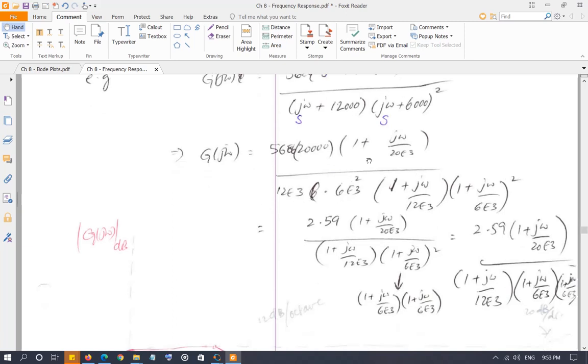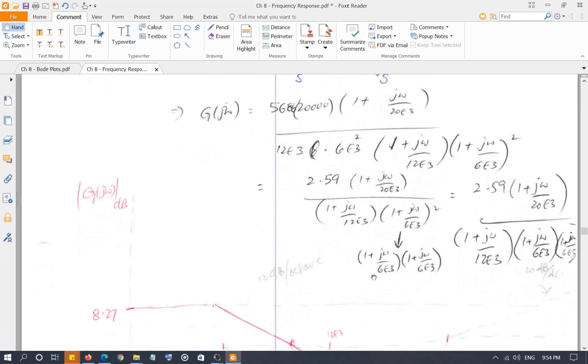So we're going to get a constant value that we simplify. It is going to come out to be 2.59, and then we have 1 plus j omega over 20 exponent 3 divided by 1 plus j omega over 12 exponent 3 times 1 plus j omega over 6 exponent 3, and this is a square. Actually, I forgot to say this is a square. That's why it is 6 exponent 3 squared that I took out. You can split this into 2 factors: 1 plus j omega over 6 exponent 3 times 1 plus j omega over 6 exponent 3. Same thing as I'm showing you right here.